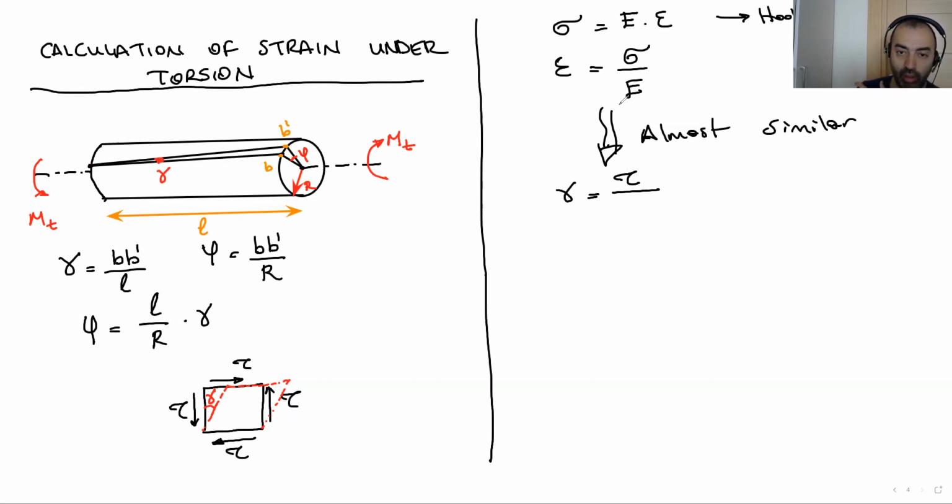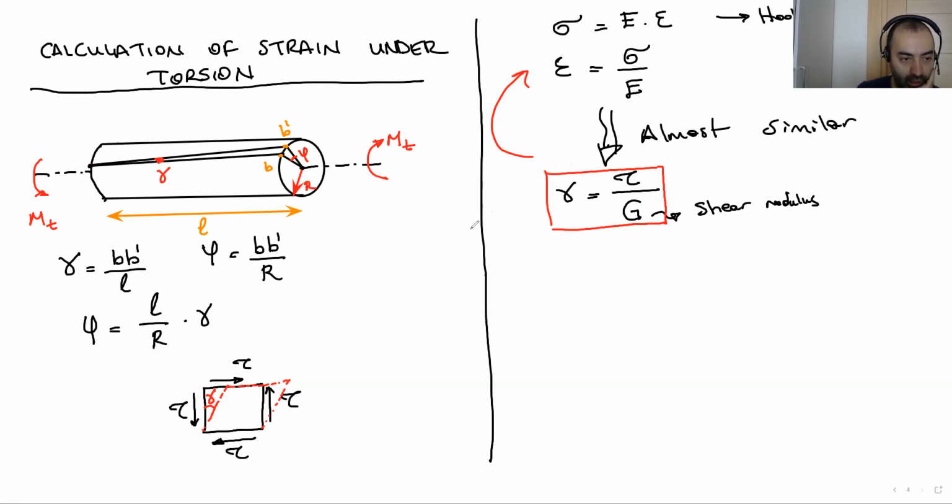For shear there is a specific number, which is G. This is the shear modulus. So the logic of the strain equation comes from here.